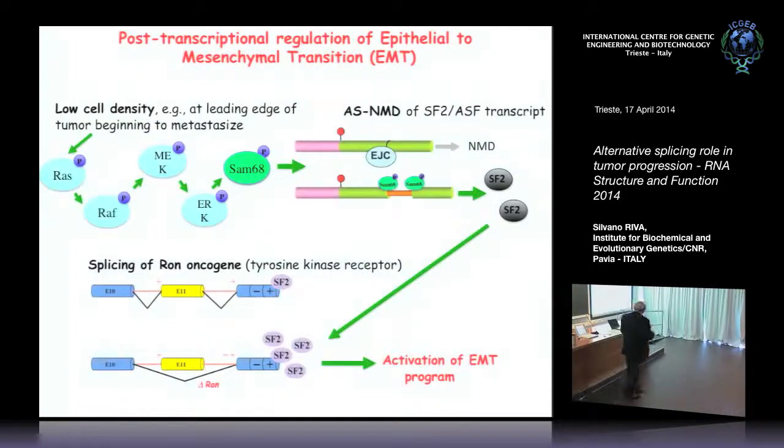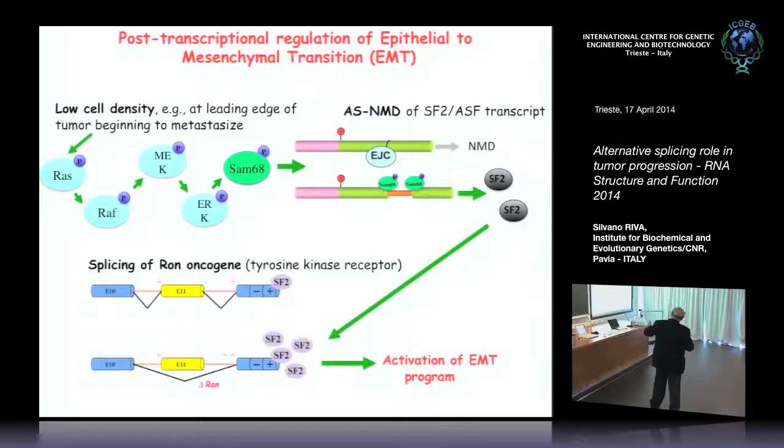So what is the model in the end? The model is the following. At low cell density, or at the leading edge of a tumor, for example, that simulates the low cell density condition, the cells put out factors that lead to the phosphorylation and activation of ERK and eventually SAM68.